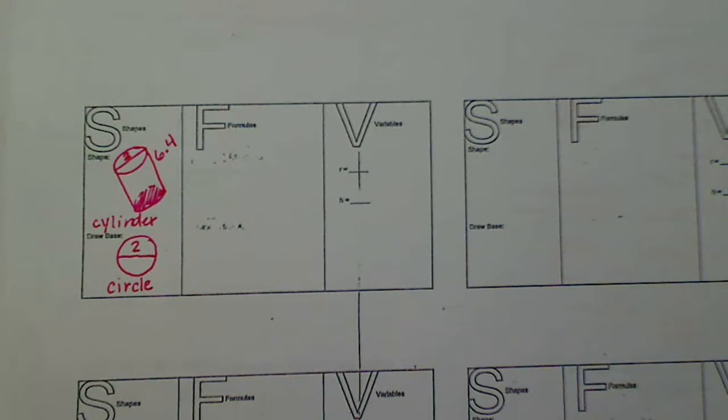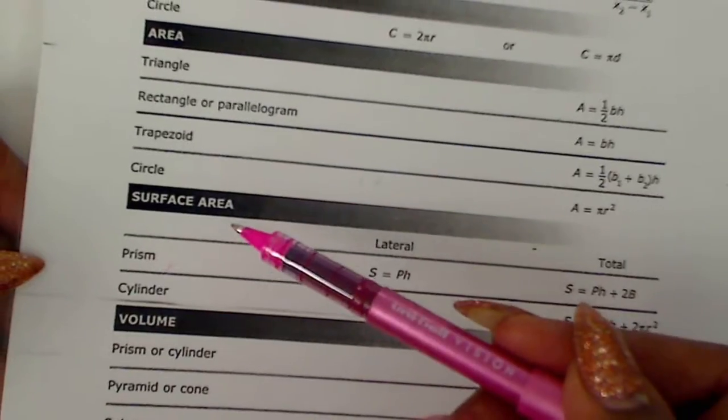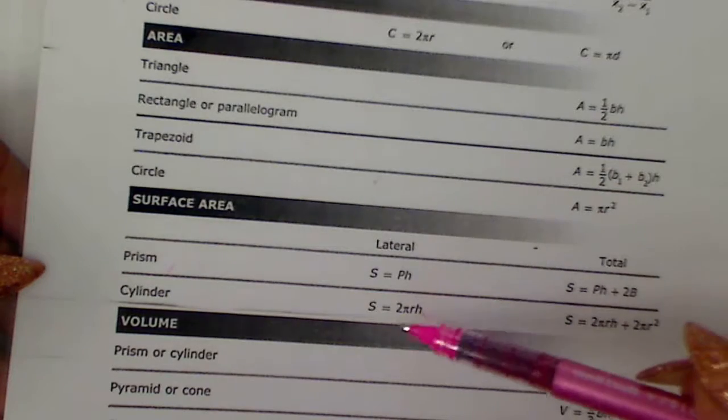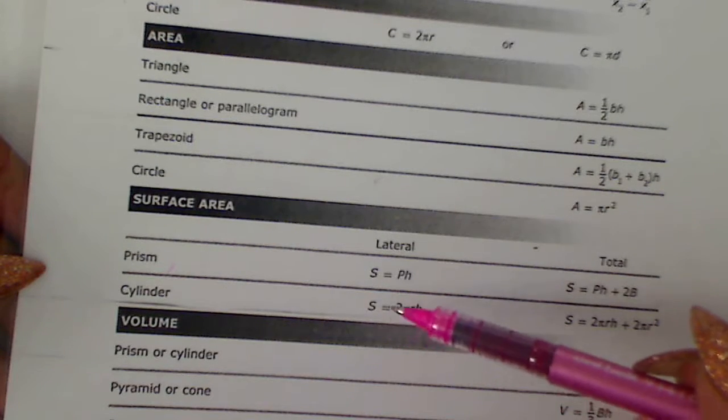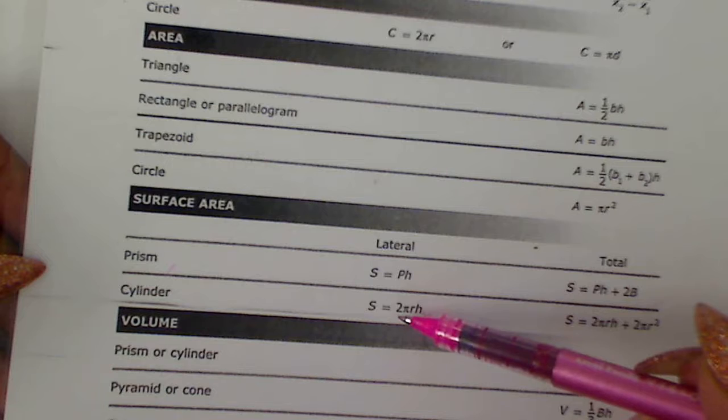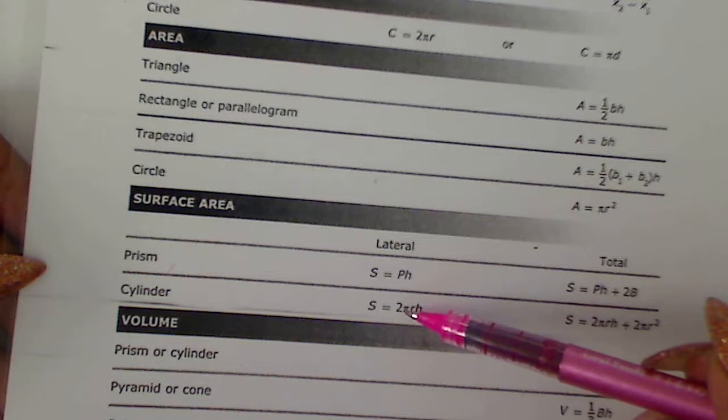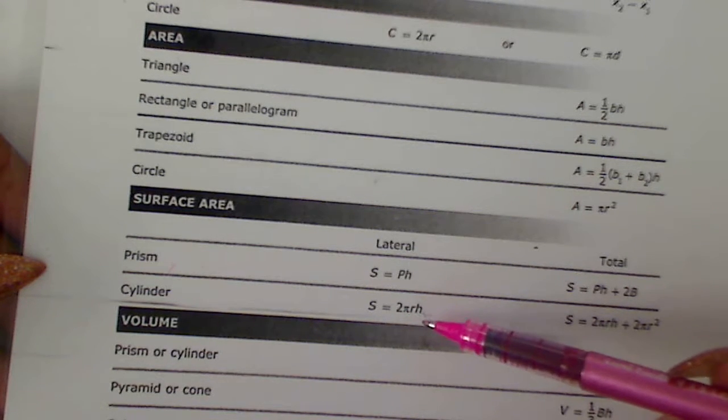All right, so the problem says, what is the lateral surface area of the paper towel roll? It specifically said lateral surface area. So I'm going to go to my formula sheet, and under surface area, cylinder, I'm going to use the lateral surface area, which is S equals 2 times pi times the radius times the height.